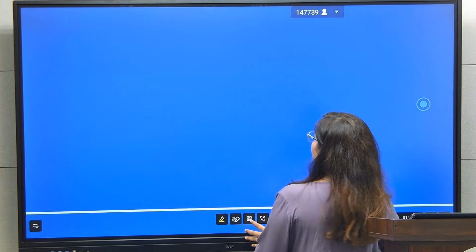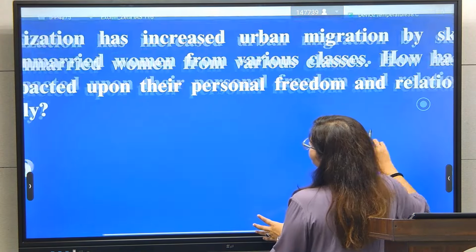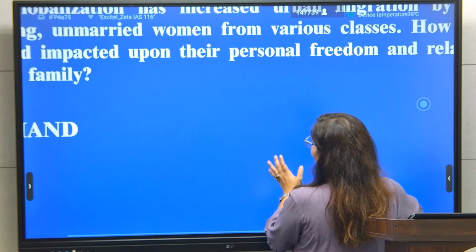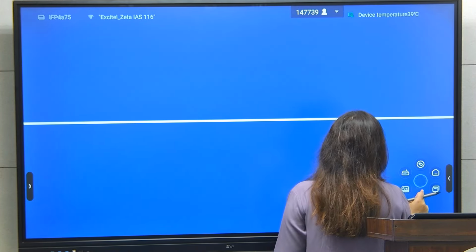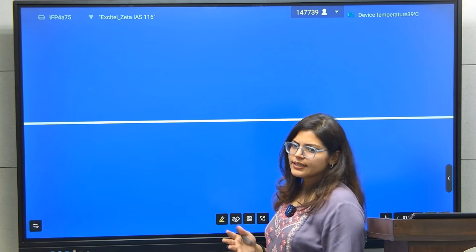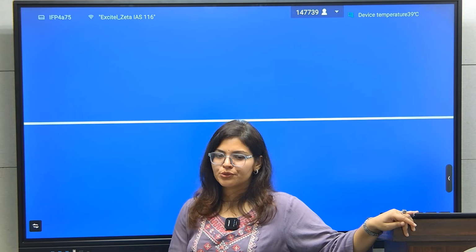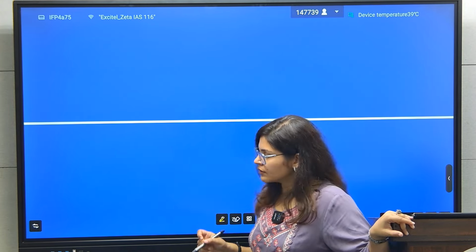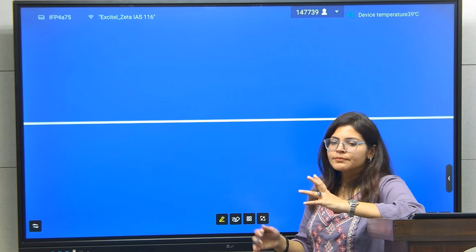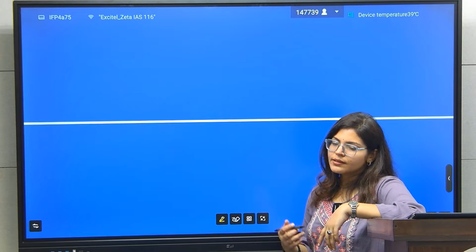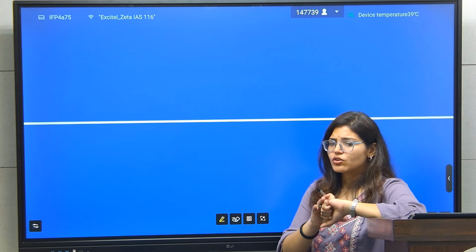Now, in the intro part, what do you have to write? See, you don't have much data on this. If you have data, then it is easy to write the introduction that these skilled young or unmarried women are moving towards the urban area. So we don't have much data on this.